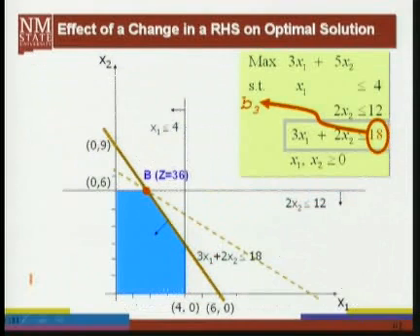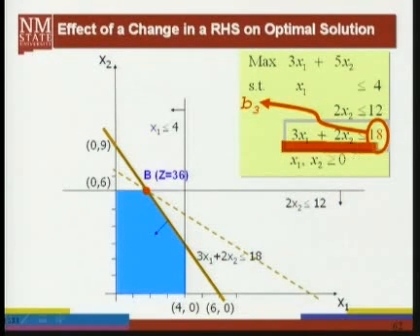Okay, then, how about the effect of changes in the right-hand side in the last constraint? Let's say B3 is the number of available production time for plant number 3. Then the value of B3 is 18, right?